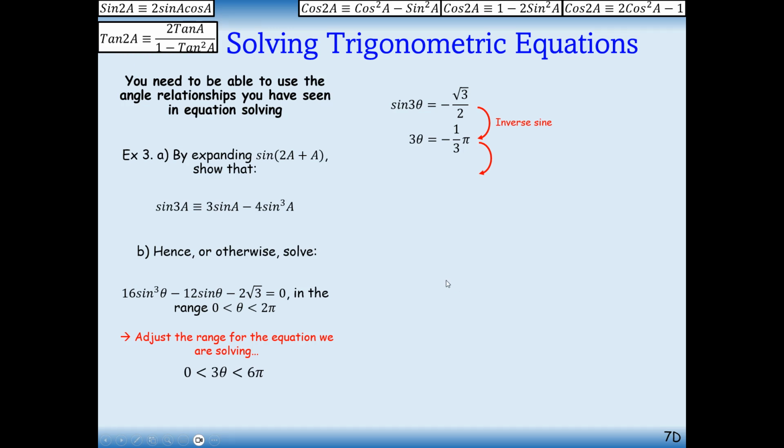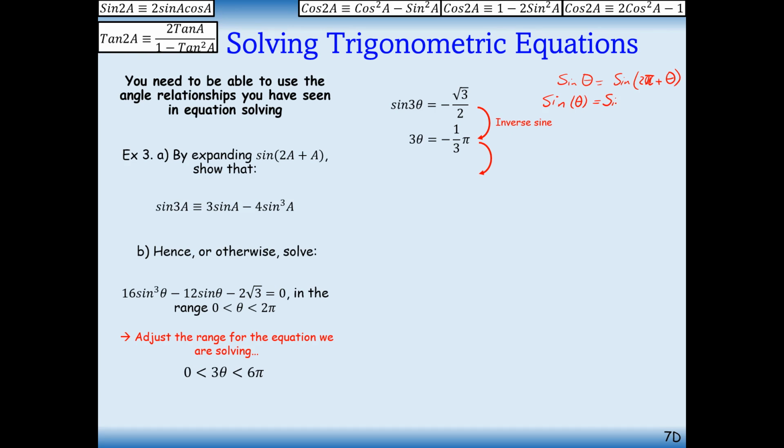So what do we do? With sine of any angle, we can keep adding 2 pi to it. That will give us one of the answers. And the other answer comes from pi minus the angle that we found.